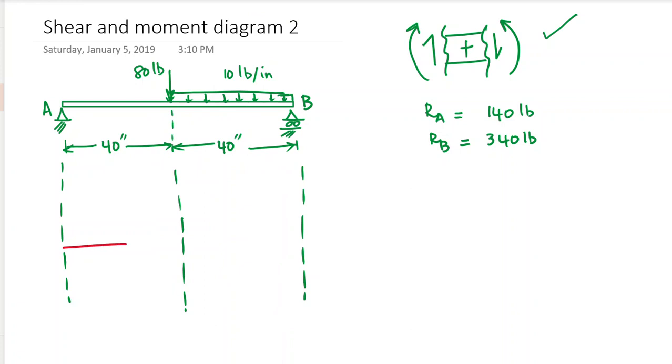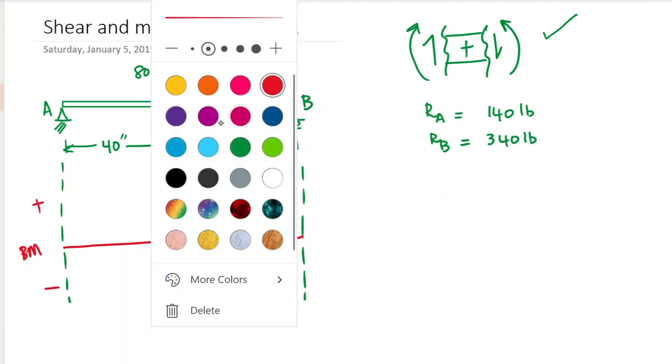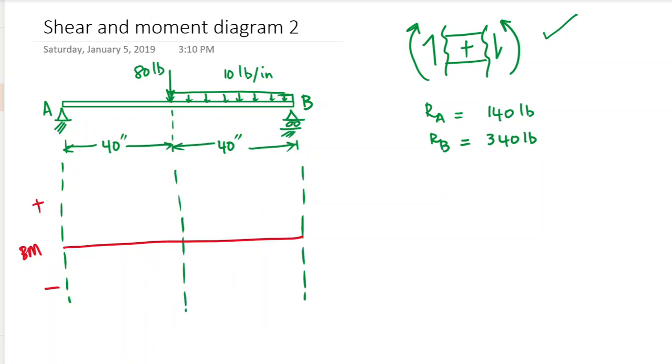Right, so like we did earlier, we'll start from left to right. We'll draw the free body diagram of this beam with a cut slightly away from A, to the right of A.